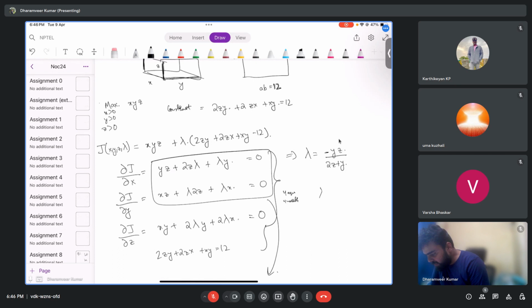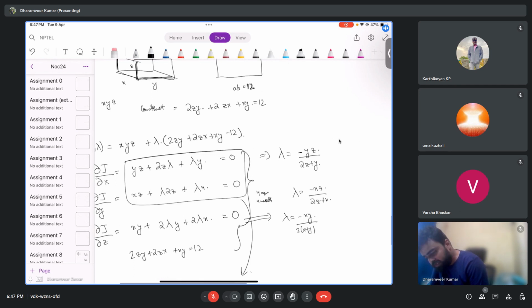Okay, lambda is equal to minus xz over 2z plus x. And this implies lambda is equal to minus xy over 2 times x plus y.